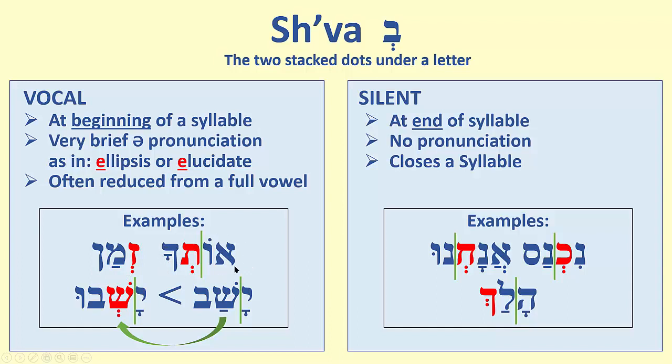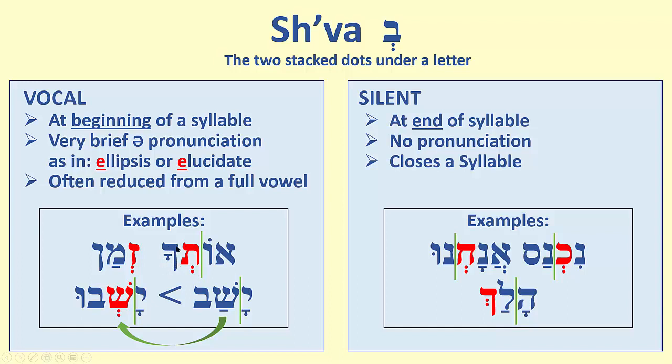And over here we have one last example of an audible or vocal schwa in the word otcha. Now, how come the syllable division couldn't go after the tav, and this could be a silent schwa? Well, we can answer that question with this begad kefat letter here. If there were no vowel sound preceding this kaf, it should have a dagesh in it.